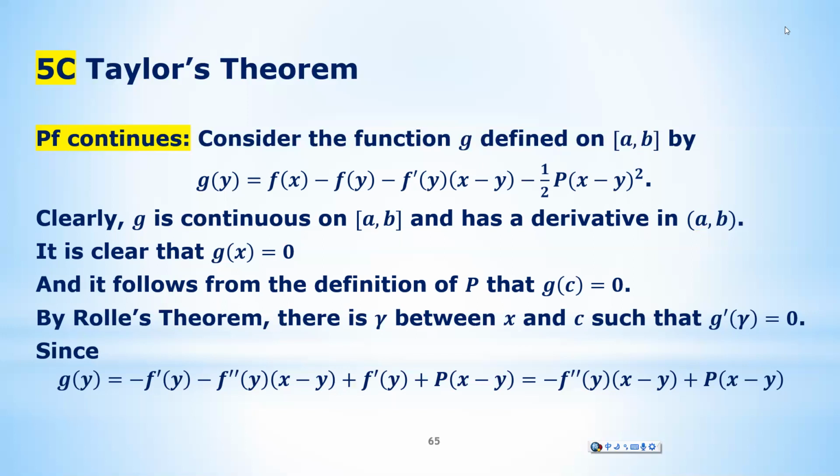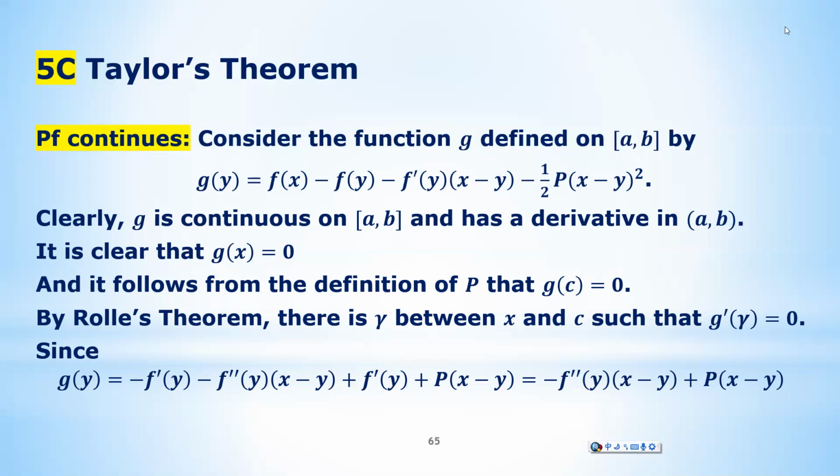On the fourth term, p is a constant. You take the derivative of (x minus y) squared using the power rule, so the 2 cancels with the 1/2, and differentiating y carries another negative sign. That's why you have p times (x minus y).